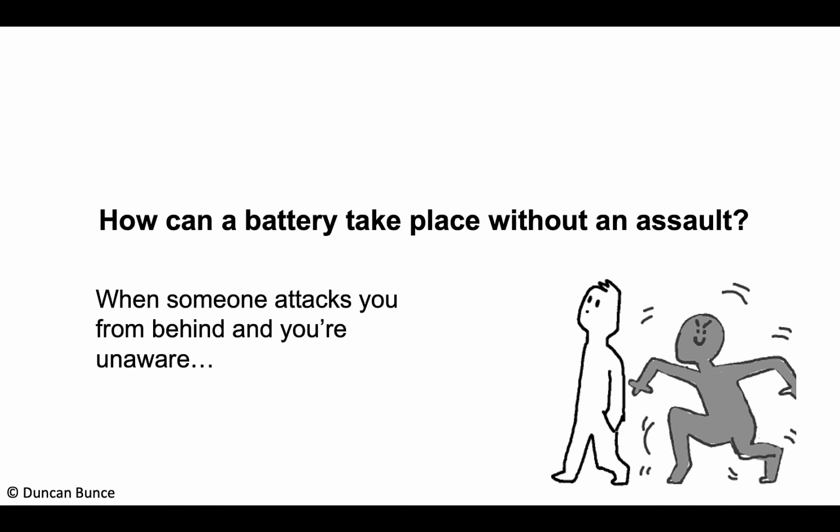There's no apprehension perhaps of immediate fear of unlawful violence. If someone sneaks up on someone and they don't know they're there, they're not apprehending anything. If the person were to then go behind them and say boo or something like that, then that would be an assault.